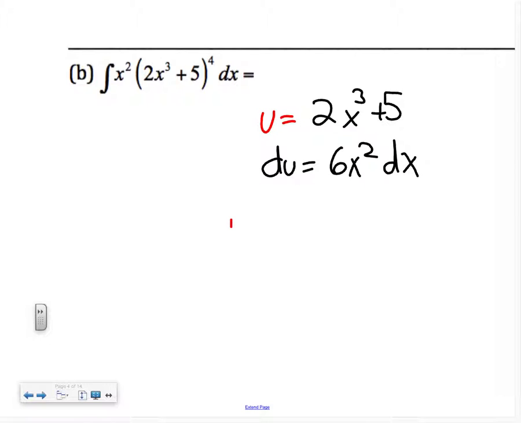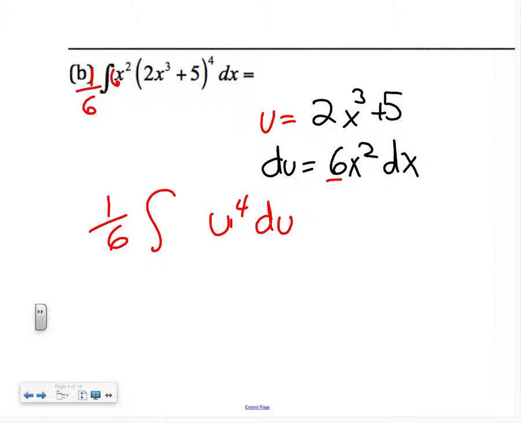So when I compare that with my integral, I am missing the 6 from the 6x squared. So I'm going to need to put it inside my integral, which means I put a 1/6 on the front. So now I rewrite this in terms of u. It would be 1/6, the integral of u to the 4th times du.